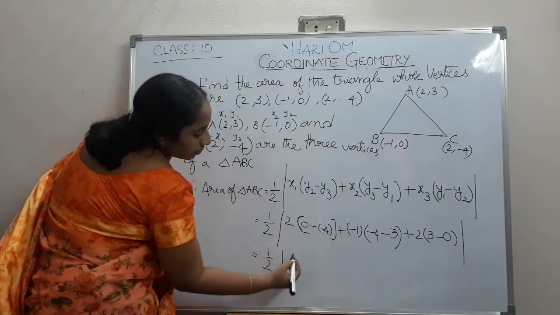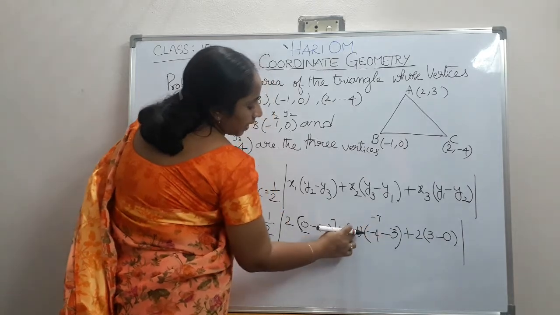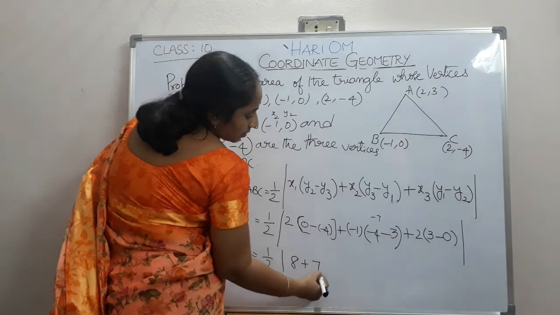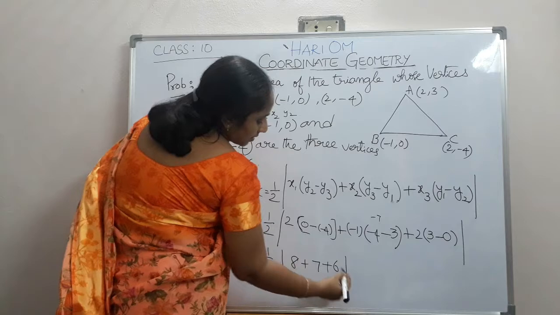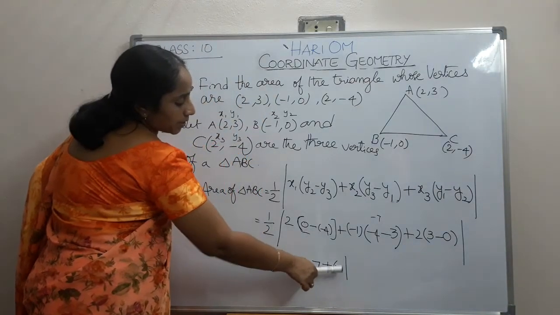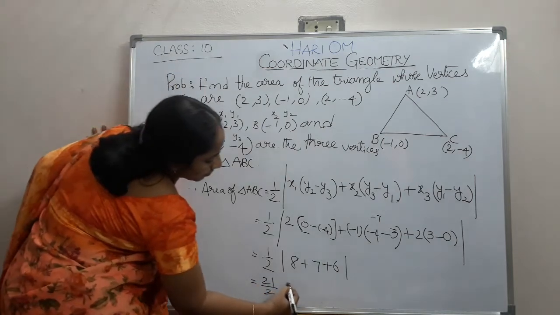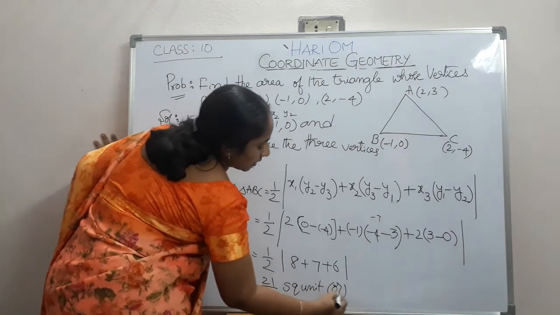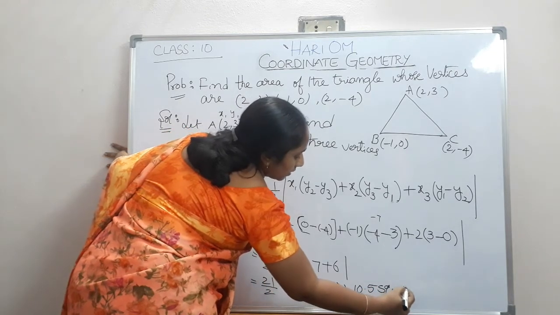2 into 4 is 8. Here it is -7. -1 into -7 is plus 7. 2 into 3 is 6. So 8 plus 7 is 15, plus 6 is 21 by 2 square units, or 10.5 square units.